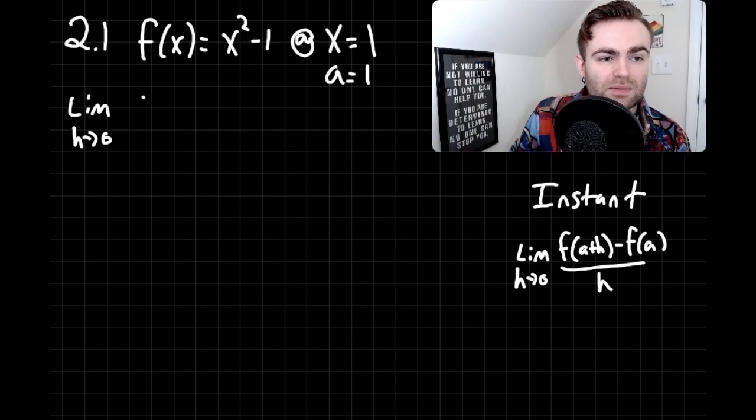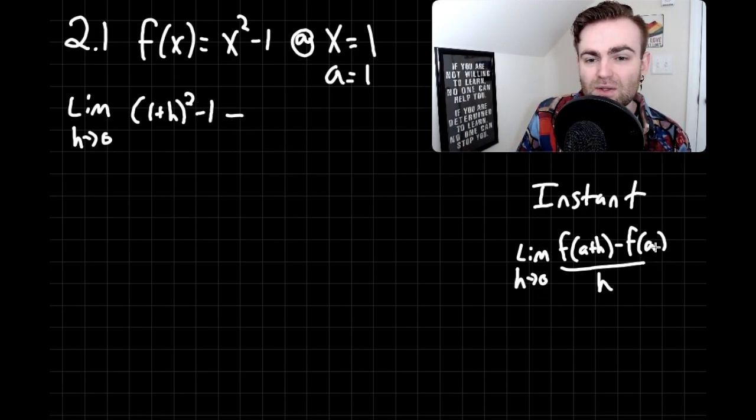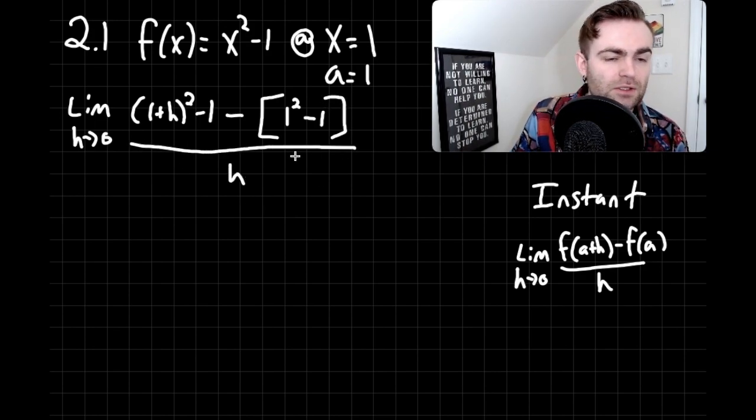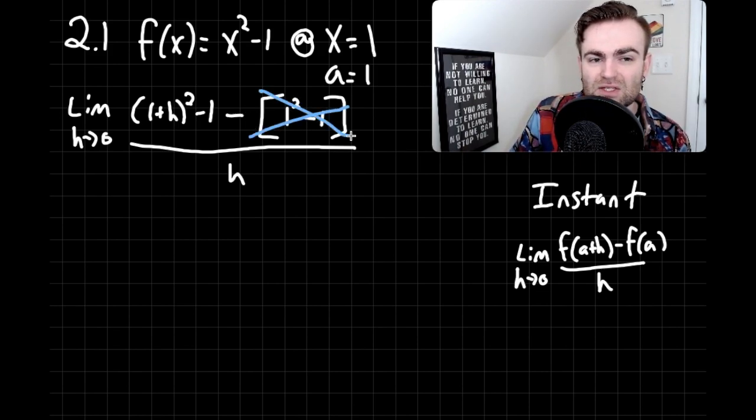So that would be 1 plus h squared minus 1, and then we're going to subtract just evaluating the function at 1, which would be 1 squared minus 1. And we're going to put that all over h. So let's clean this up a little bit. Well, we know that 1 squared is 1, and 1 minus 1 is 0, so this entire piece just goes away.